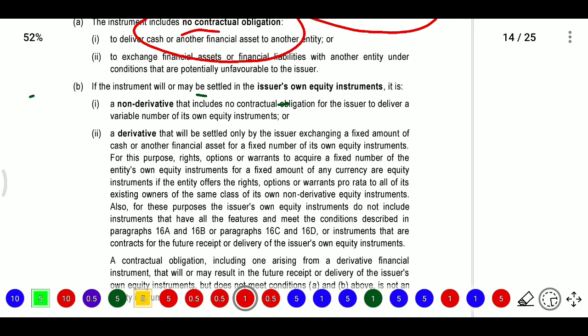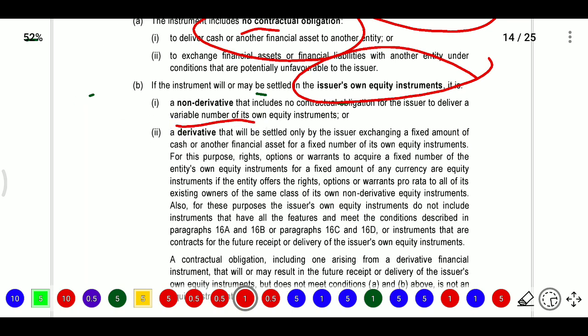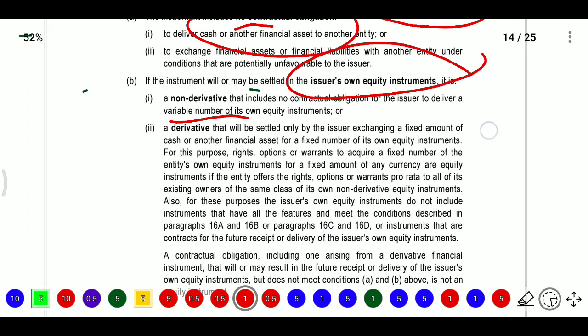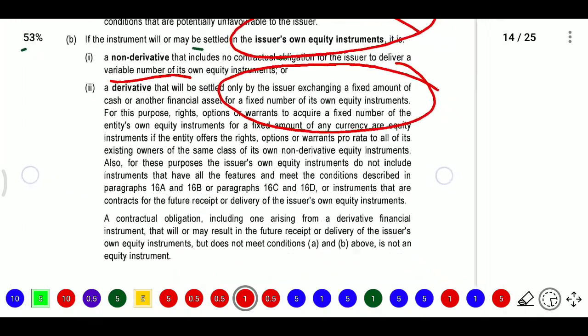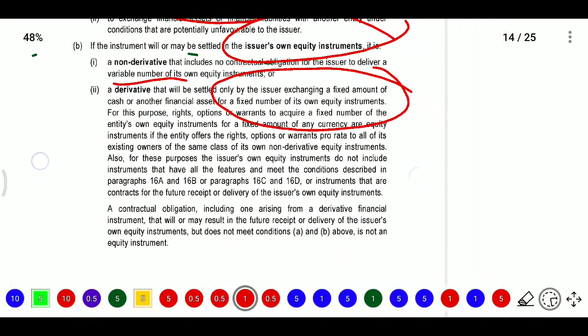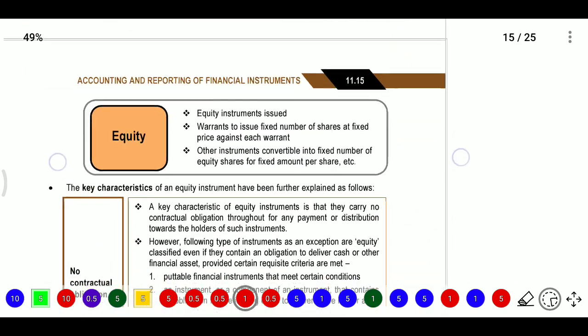Another condition concerns the issuer's own equity instruments. Here we need to see when issuing its own equity, a fixed number of its own equity instruments for a fixed amount of cash, for the purpose of rights, options or contractual obligations.